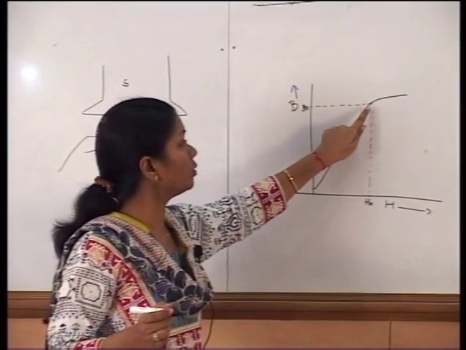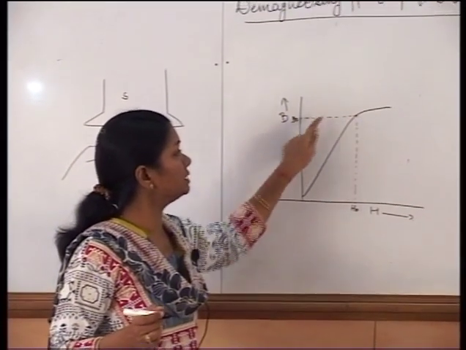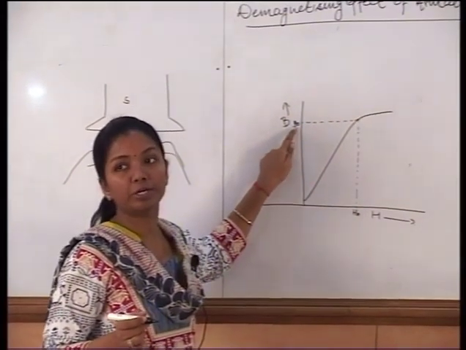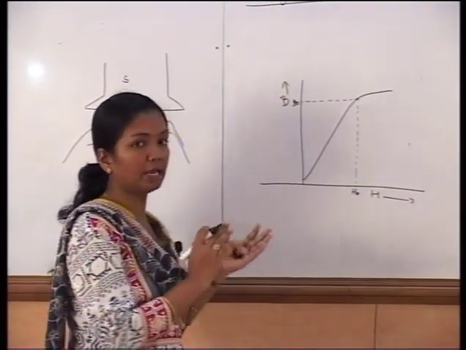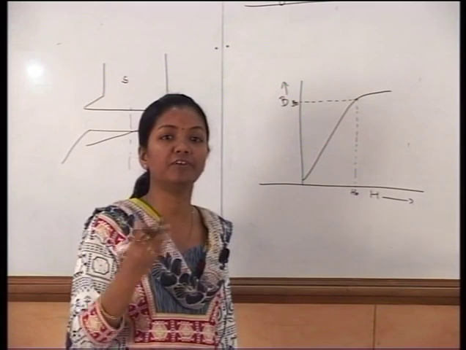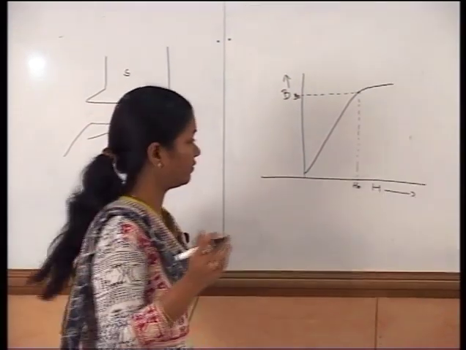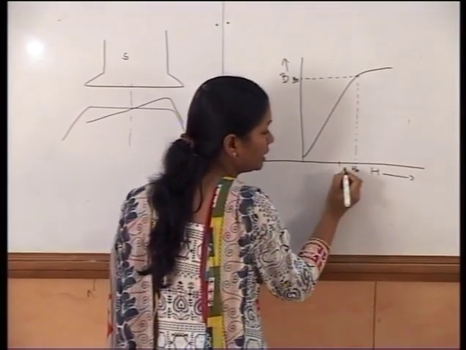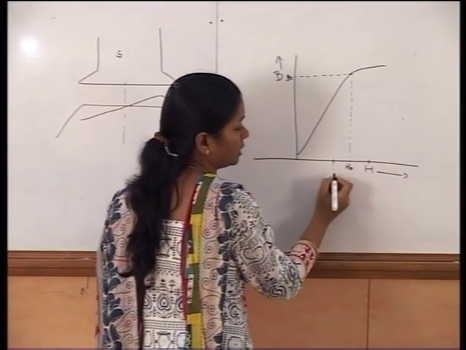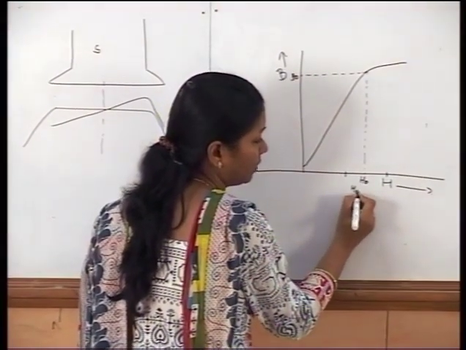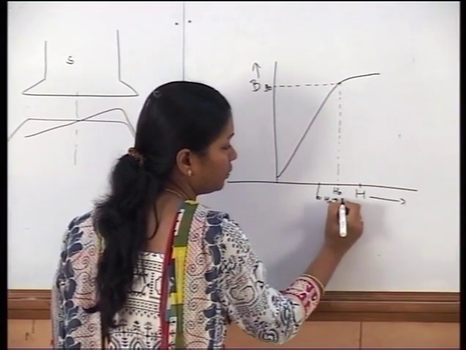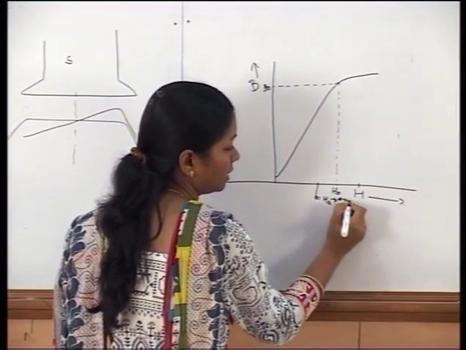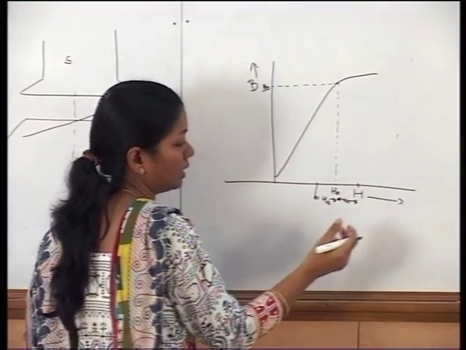So, this is the original flux density produced by the field flux. Now, I am including the demagnetizing effect and then the magnetizing effect. I am including the effect by the same amount, that is by the amount of HA. So, HA is the same in the positive direction as well as in the negative direction.